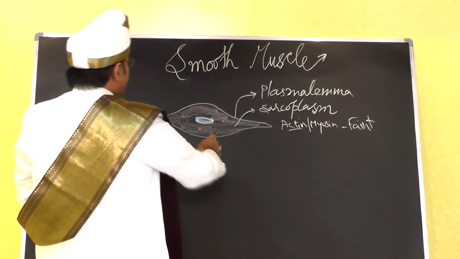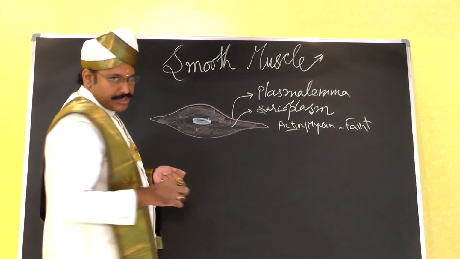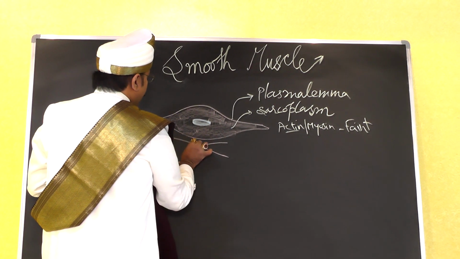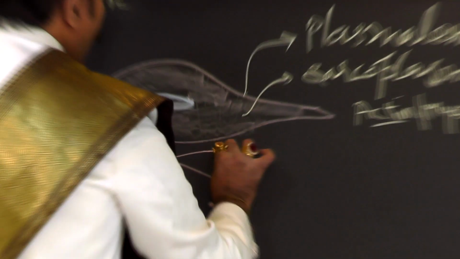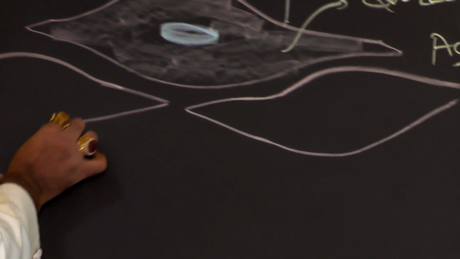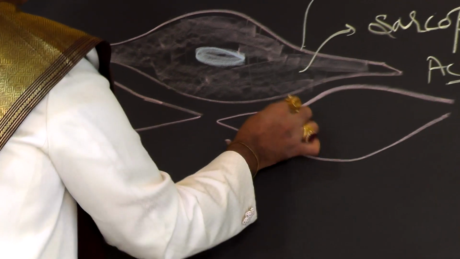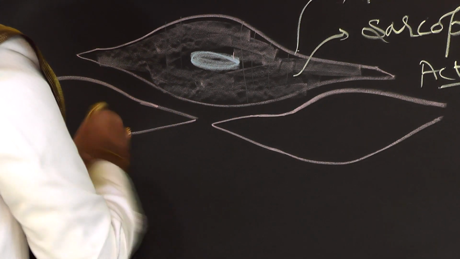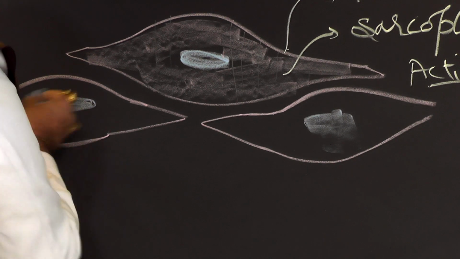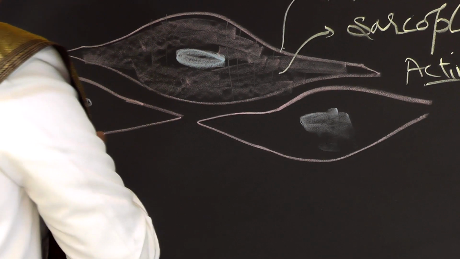Please observe, the central thick portion of one smooth muscle cell is related to the tapering parts of the adjoining cells. Are you understanding? The central part of one cell is related to the tapering parts of the adjoining cell. So one more cell we will draw.